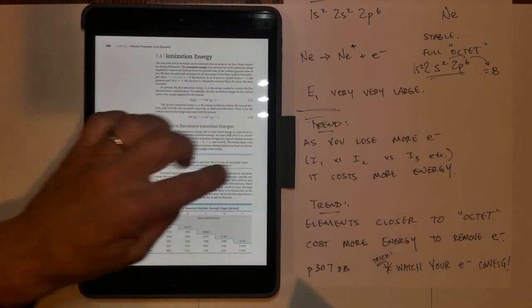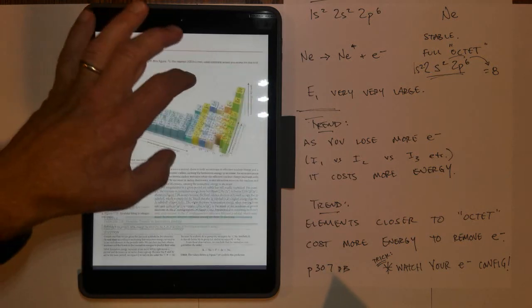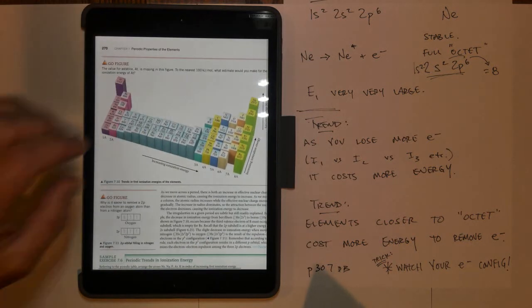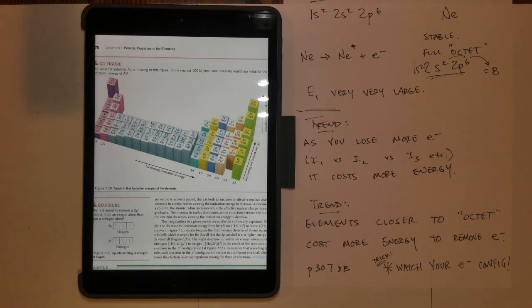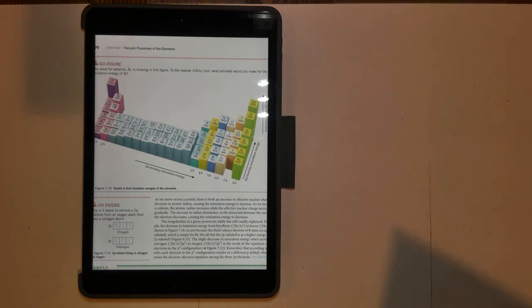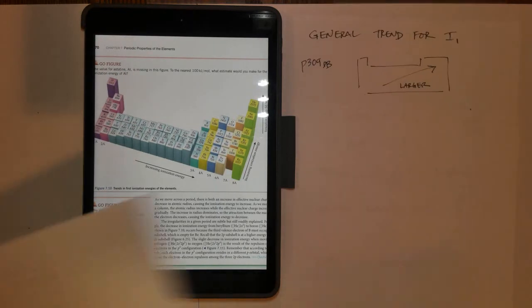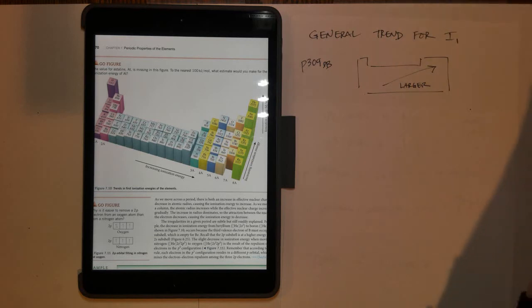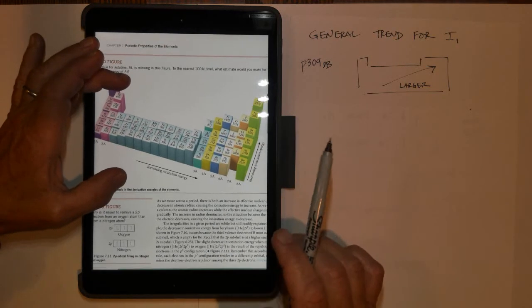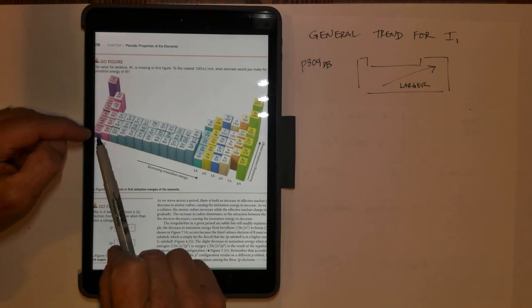Right? Let's go to the next page and look at the general trend for first ionization energies on the periodic table. The general trend for ionization energies is that they increase up and to the right. You can see it on this diagram: this is the smallest ionization energy right down here, poor cesium.